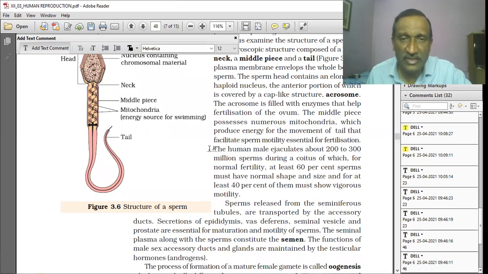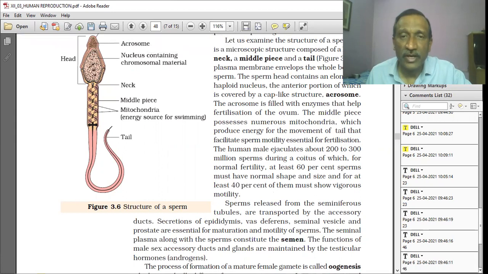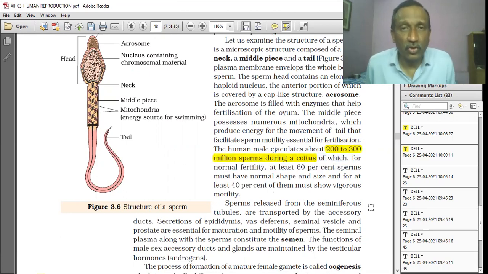Now this is important. The human male ejaculates some 200 to 300 million sperms during a coitus. One thing one must remember is that whether coitus has been done or not, these many sperms are produced every day.